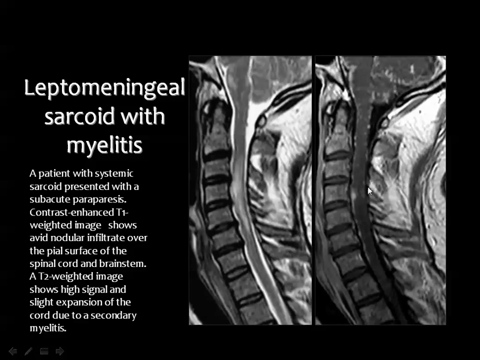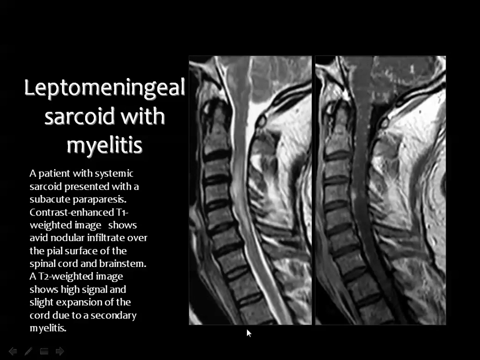As I have said, this is not pathognomonic for sarcoid. It can be seen also in leptomeningeal metastasis or CSF seeding of tumors. And in order to reach the diagnosis, you should have the history. If there is a known primary malignancy which can lead to leptomeningeal metastasis, you should suspect this.